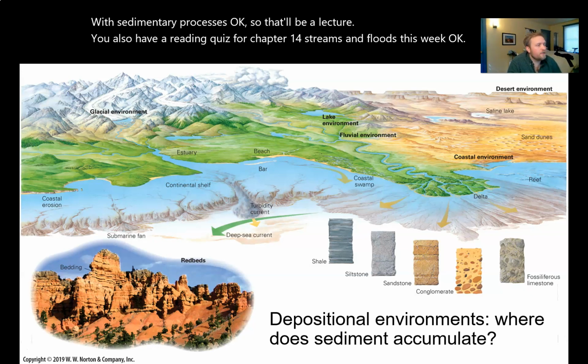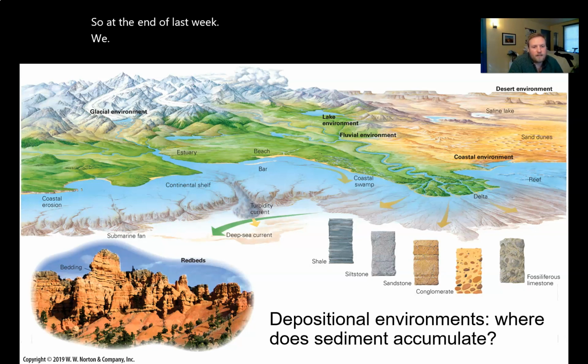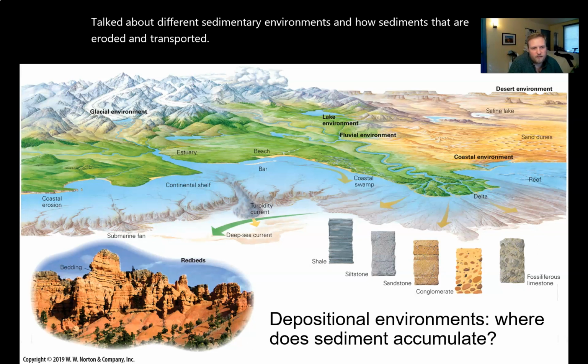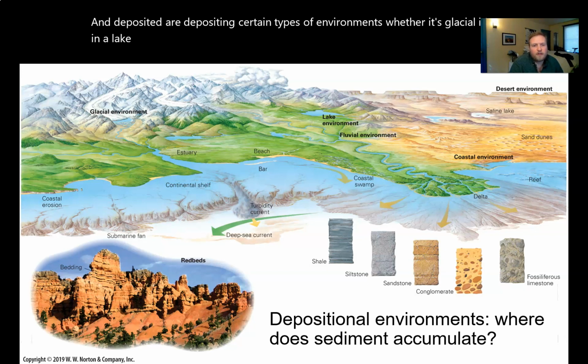So at the end of last week, we talked about different sedimentary environments and how sediments that are eroded, transported, and deposited are deposited in certain types of environments, whether it's glacial, in a lake, in a desert or a river, along the coast or in the ocean.